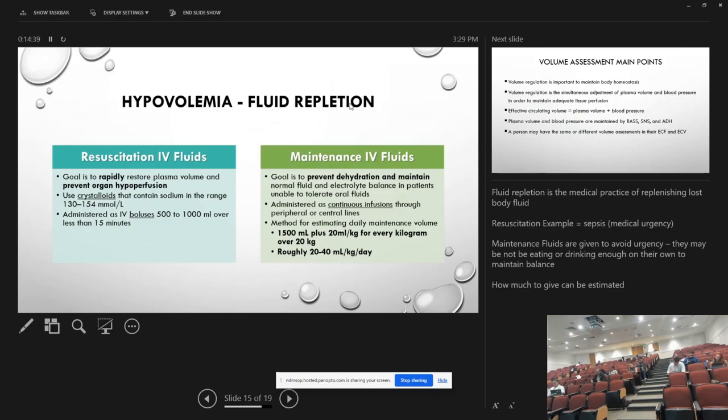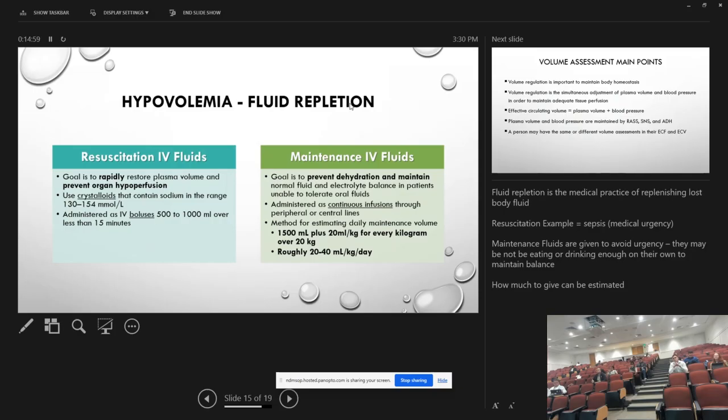So how do we do this? We could do this in two different patients. One would be resuscitative fluids. So if they have decreased intravascular volume, we're going to need fluids to resuscitate, to increase that intravascular volume to hopefully perfuse our vital organs.